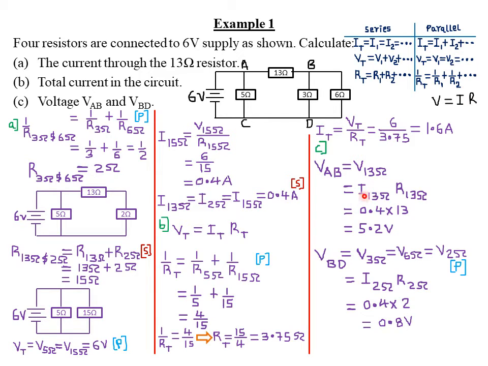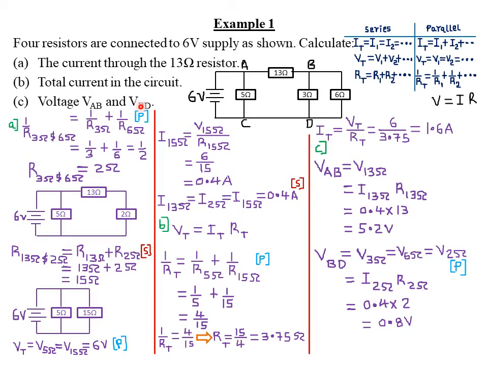We already have the current through the 13 ohm resistor; we had already computed it at this particular point. The current through the 13 ohm resistor was 0.4 amperes. So it is 0.4 times 13 ohms, which gives a voltage between points A and B of 5.2 volts.